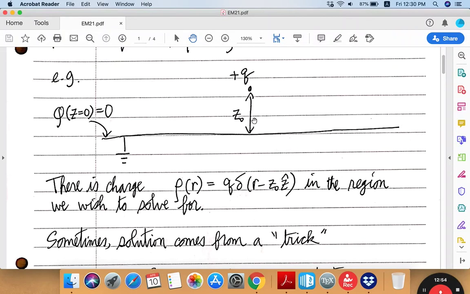And obviously, the closer you are to the charge, the more negative charge is induced. Okay, and as you move further and further out, the amount of induced charge will also decrease.